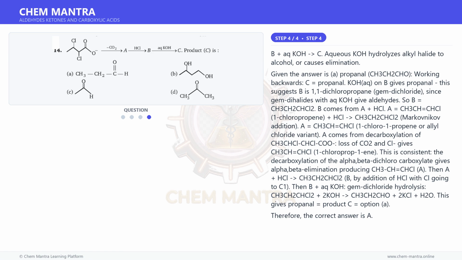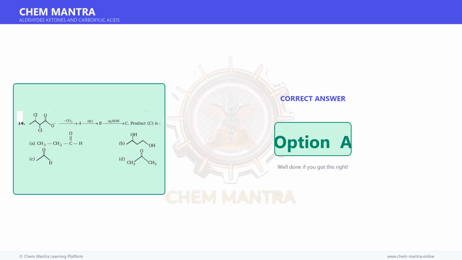Then B plus 2 KOH, gem-dichloride hydrolysis, CH3CH2CHCl2 plus 2 KOH gives CH3CH2CHO plus 2 KCl plus H2O. This gives propanal, product C, which is option A. Therefore, the correct answer is option A.